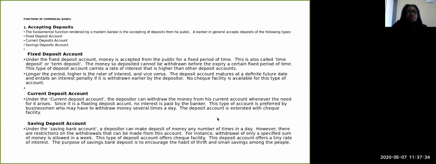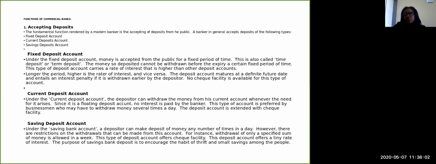The third type of deposit account we look at is the savings deposit account. Under the savings bank account, a depositor can make deposits of money any number of times in a day. However, there are restrictions on withdrawals that can be made from this account.